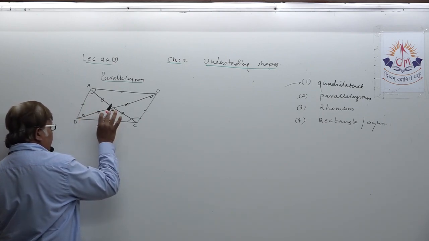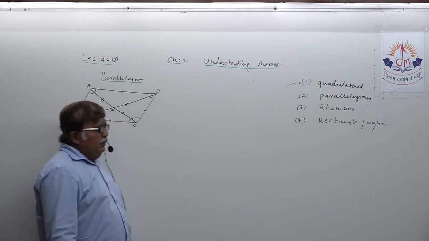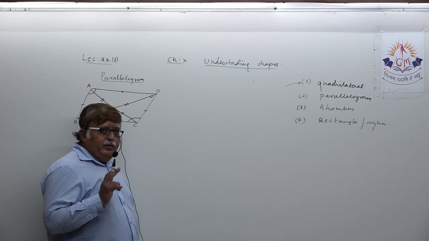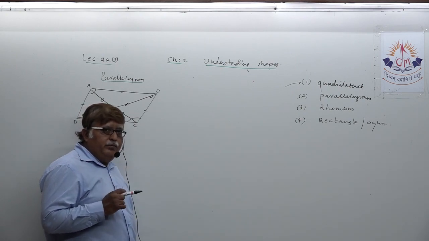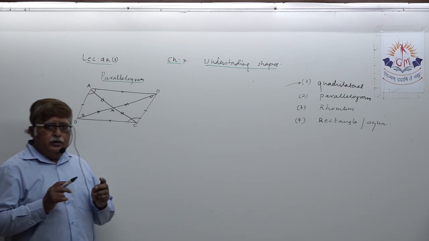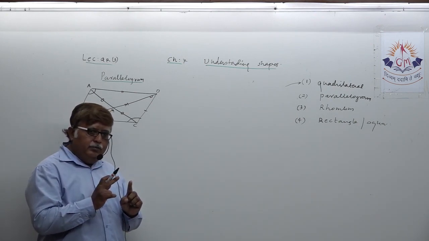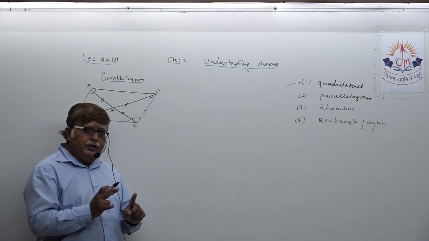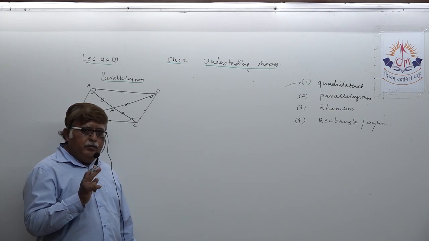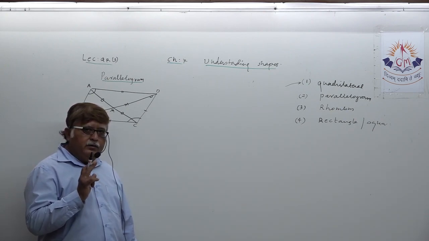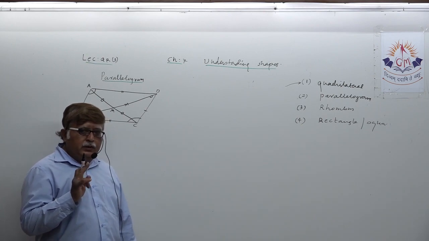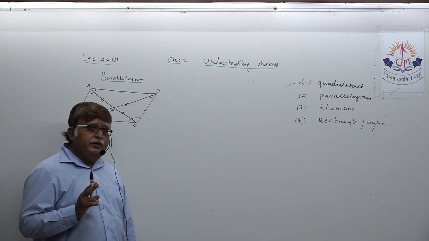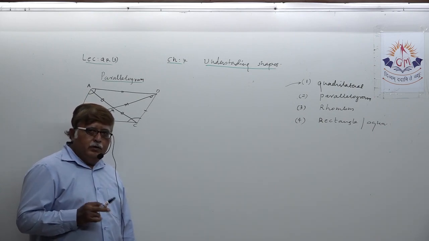As in my regular lecture also I explained, except in trapezium, in the rest of the quadrilaterals, that is either parallelogram, square, rhombus, rectangle, adjacent angles are supplementary, meaning their addition is always 180.